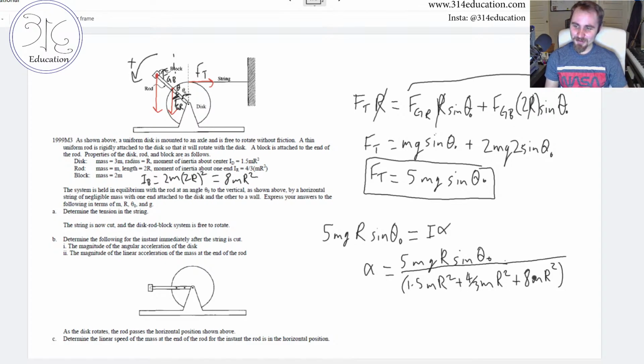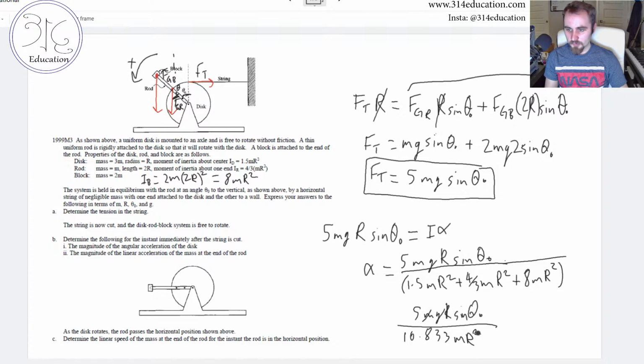So this is 8 plus 1.5, which is 9.5, plus 4/3, which is 1.33. 9.5 plus 1.33 is 10.833. So we have 5mgr sine theta naught over 10.833 mr squared.